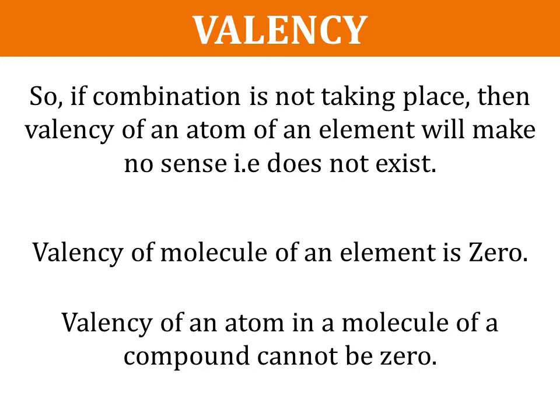Okay? The valency of an atom in a molecule of an element can be zero, cannot be zero. For example, if the atom we are considering is an inert gas, that is itself a molecule, the simplest form of existence of inert gases, the smallest part of existence. It is an atom on one side and a molecule on the other.